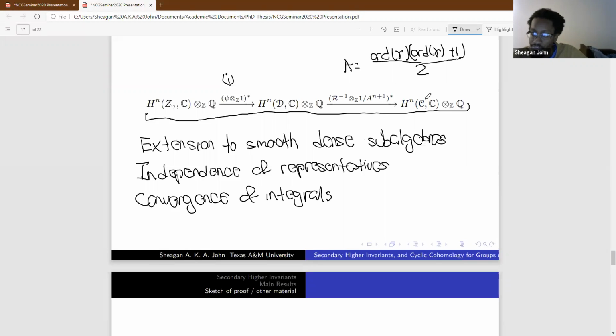But this result is sort of the key to making sure everything else follows through properly.